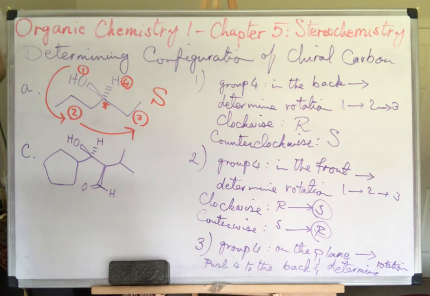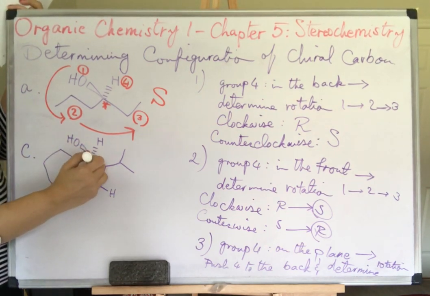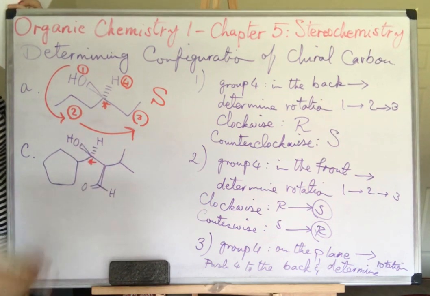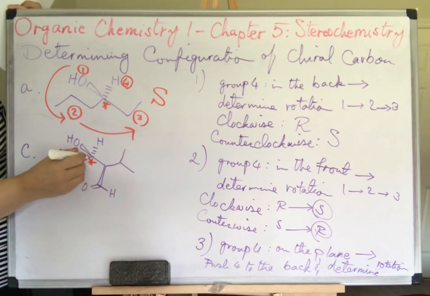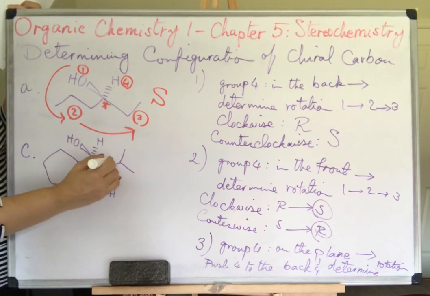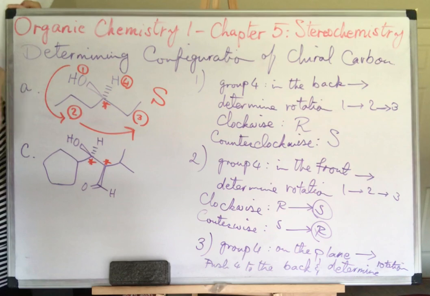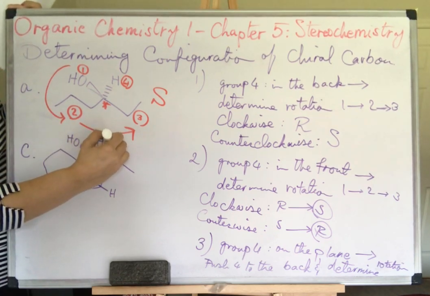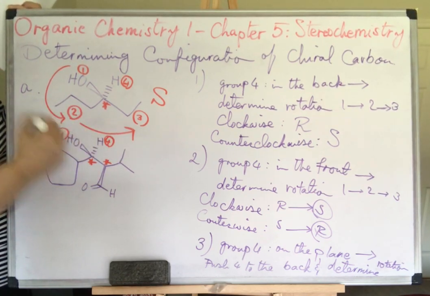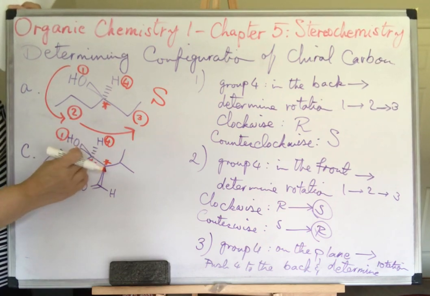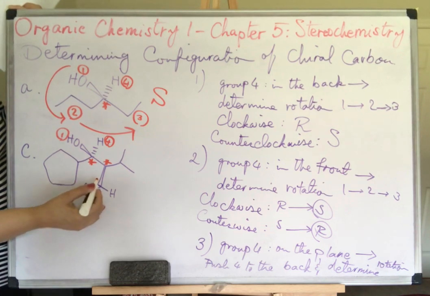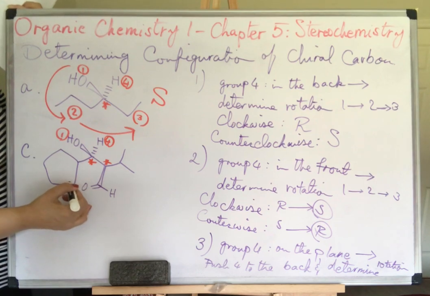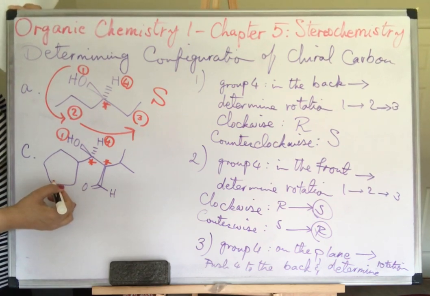In compound C, there are 2 chiral carbons. This one. So the very first thing we do is to determine the chiral carbons. This carbon and this carbon. Let's take care of the left side carbon first. Priority of the groups: group number 4, group number 1. Between these 2 sides, carbon, carbon, carbon, carbon, and now this carbon is connected to 2 oxygens, while this carbon is connected to 1 more carbon.